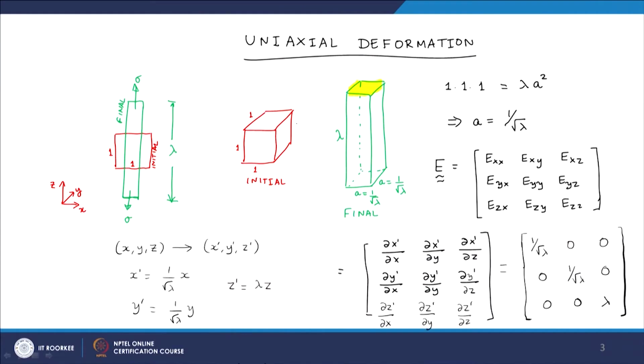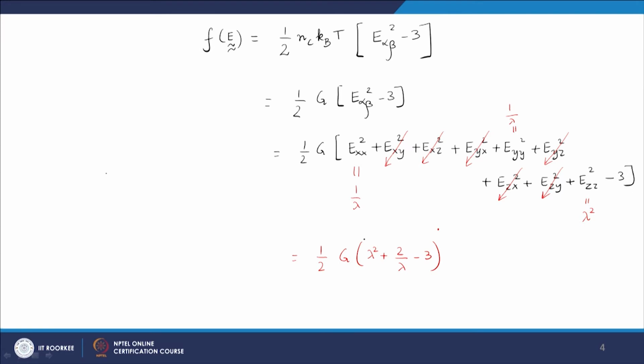If I look at the force that is acting on the surface, it will be the stress multiplied by the area. So, we have sigma, that is now a function of lambda, that is the force per unit area. If I multiply by the area, that is 1 over lambda, that gives me the force.